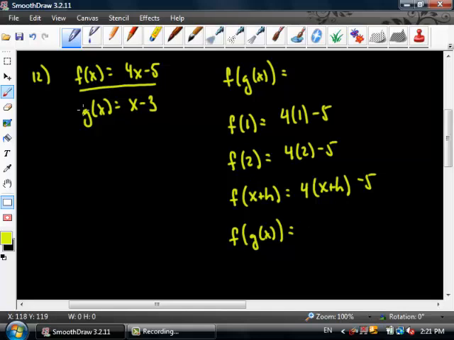Now forget about this thing for now. What would that be? 4 times g of x minus 5, right? Now, what is g of x?